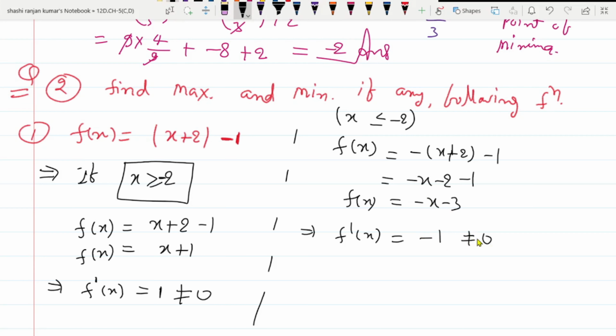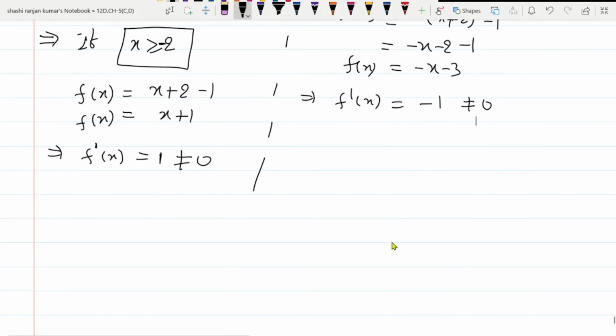So now we think here, sir, we are not getting the point where f dash of x is 0. It means it may be possible that this type of graph is also possible. Let us suppose the graph is like this.